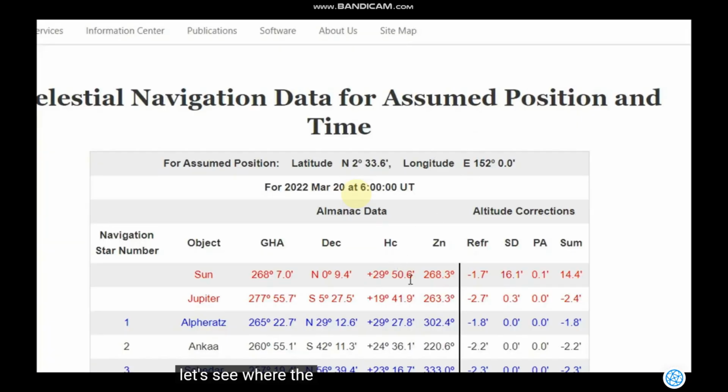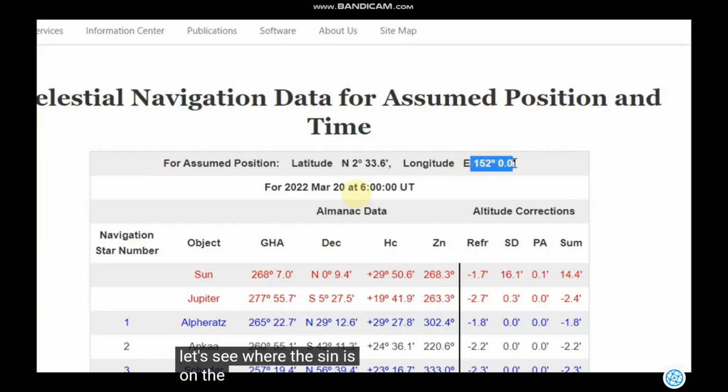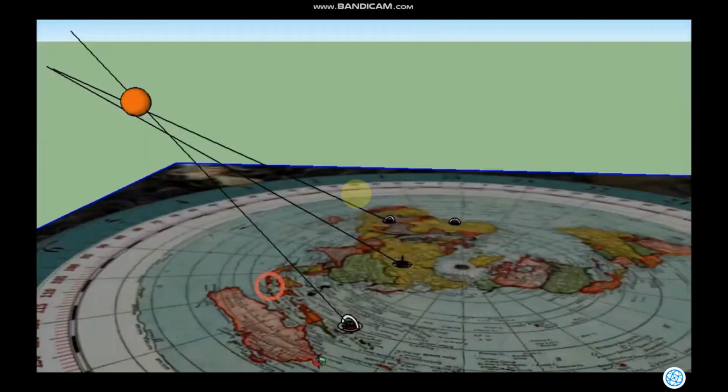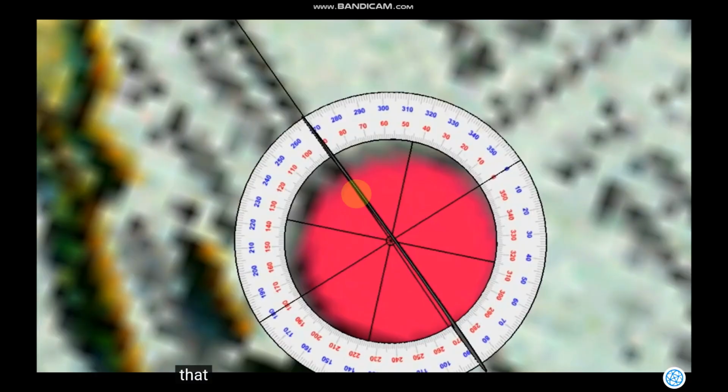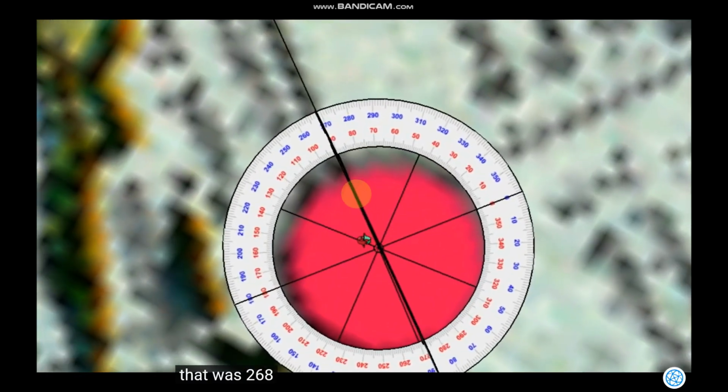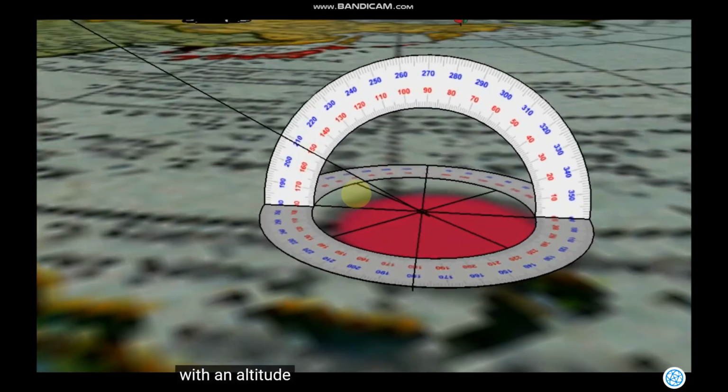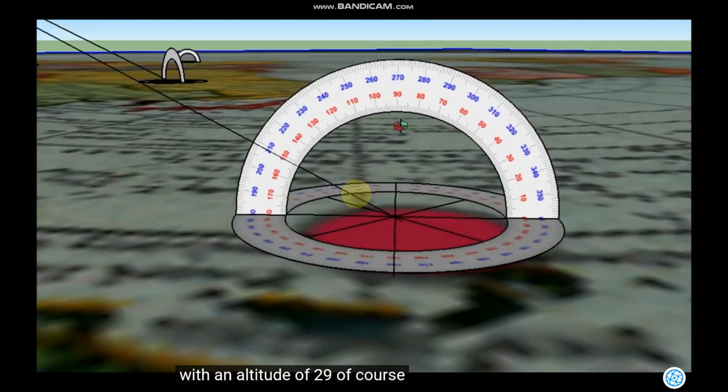Let's see where the sun is on the flat Earth map. 152nd longitude. It had an azimuth of 268. That was 268, with an altitude of 29, of course.